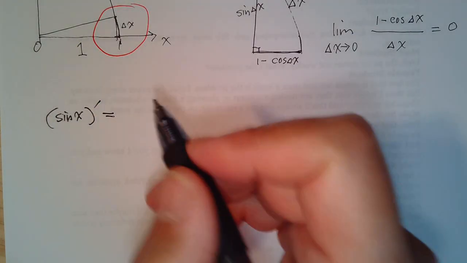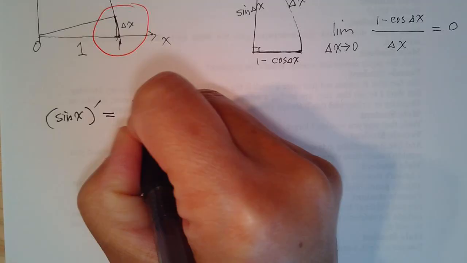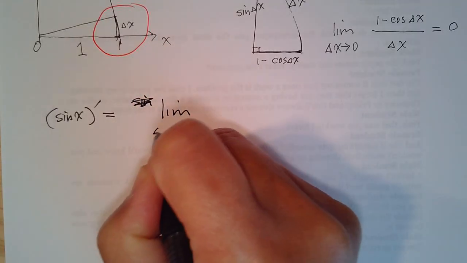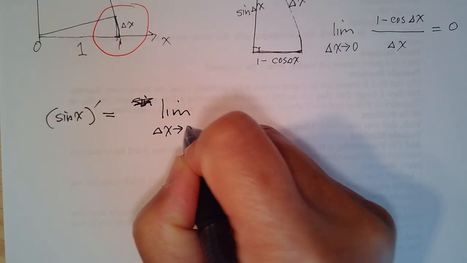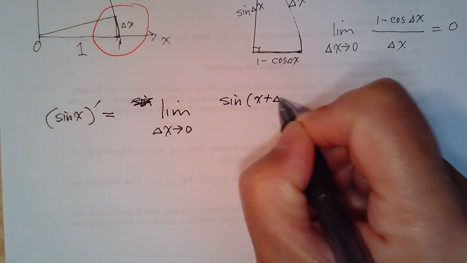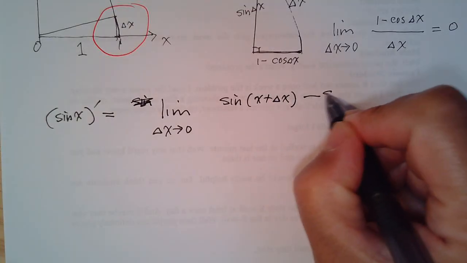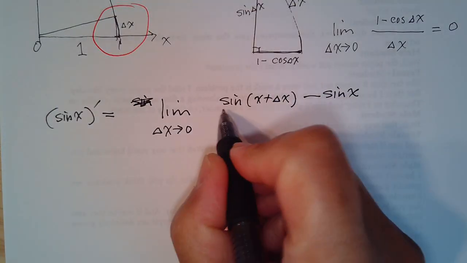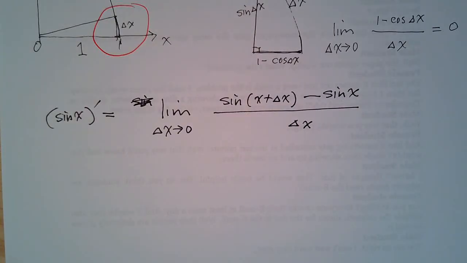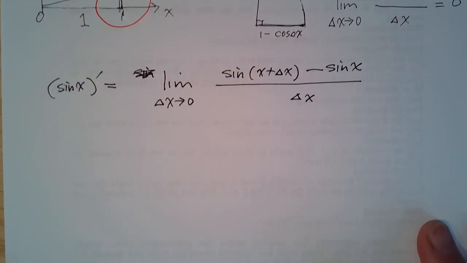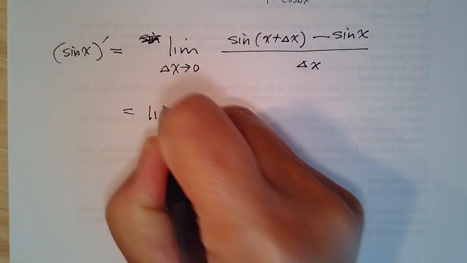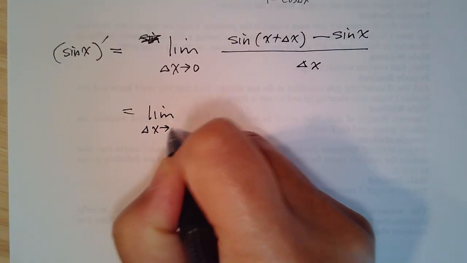Sine x prime, by definition, is the limit as delta x approaches 0 of sine of x plus delta x, minus sine x, over delta x. That's the definition of the derivative.